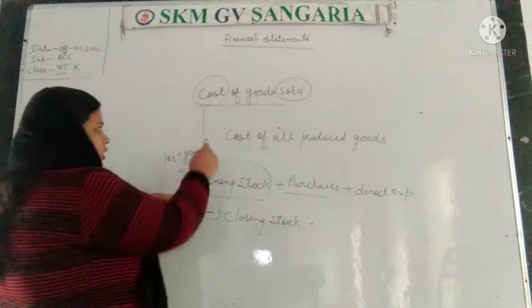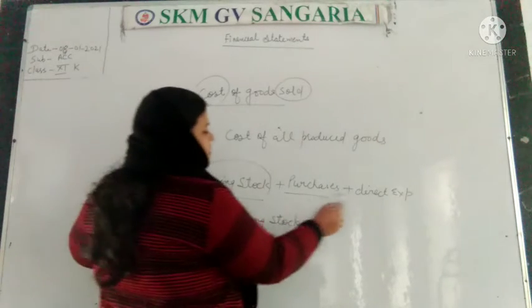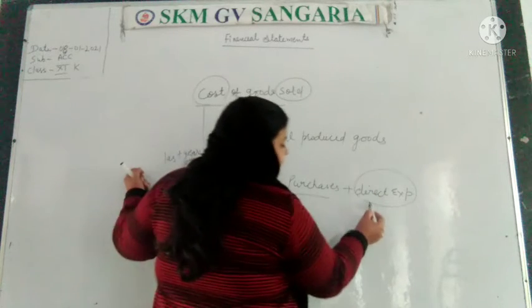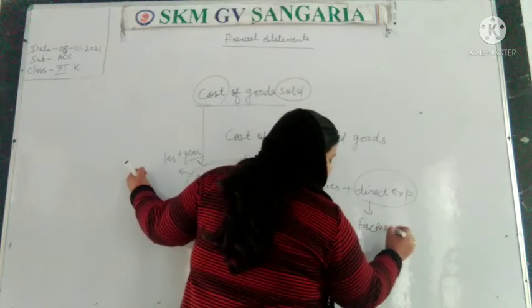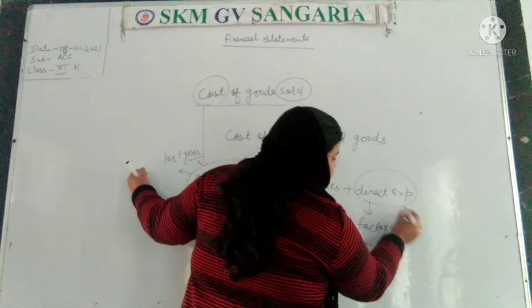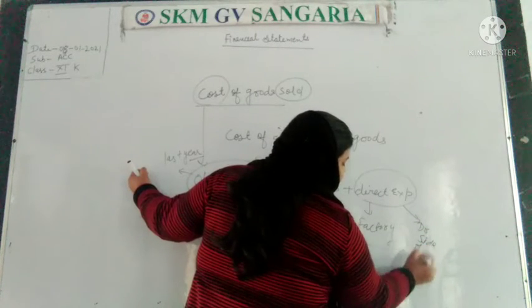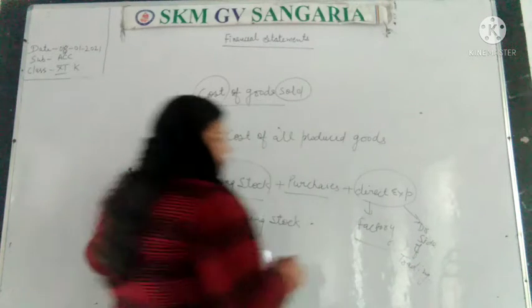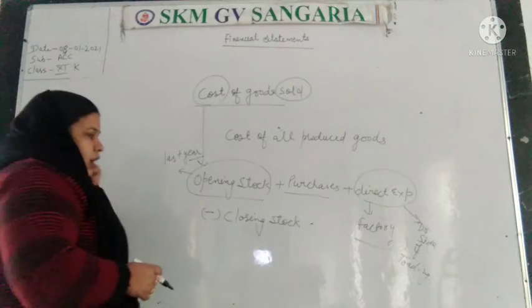Okay, so in calculation of cost of goods sold, opening stock plus purchases plus all the direct expenses. Direct expenses means which are related to the factory, and all the direct expenses are written on the debit side of trading account.